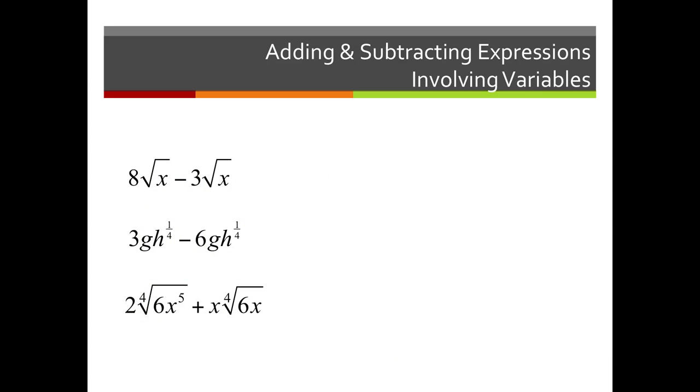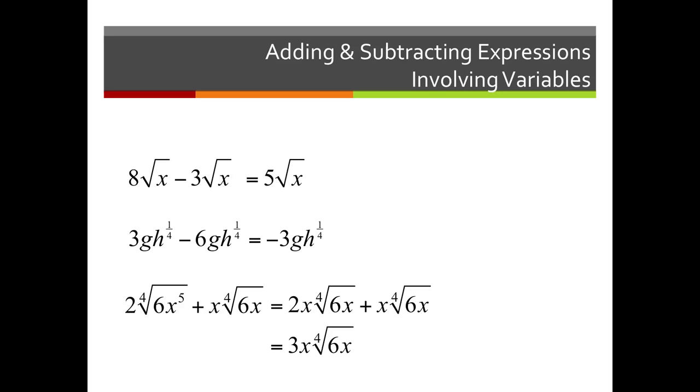If you see common factors in your terms, use them to make them like terms and combine them together. When you don't, like in the last one, try to see if you can make it match so that you can make them be like terms and then combine them together. So there's our 5 square root of x, our -3gh to the 1/4, and our 3x.